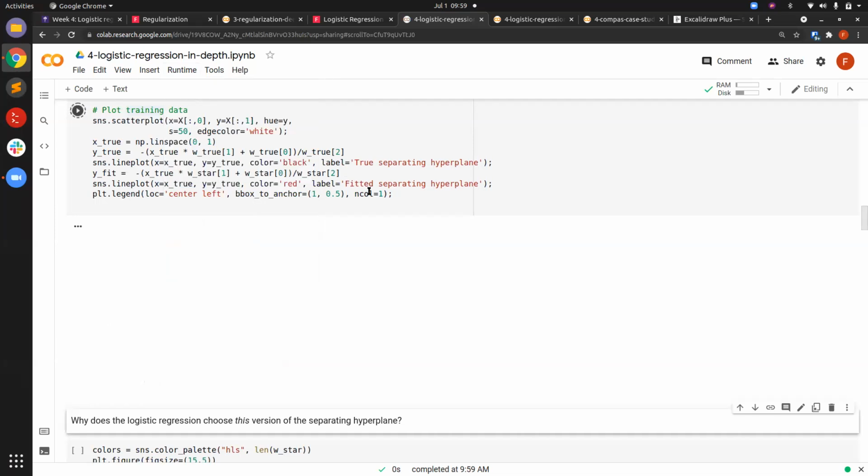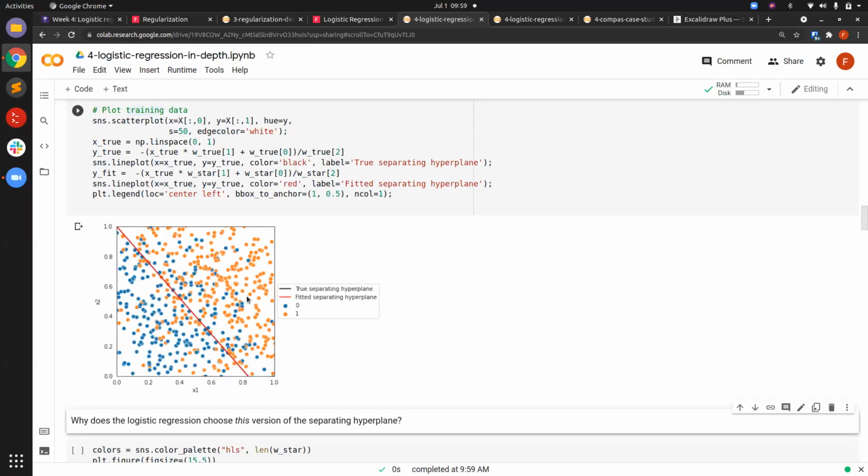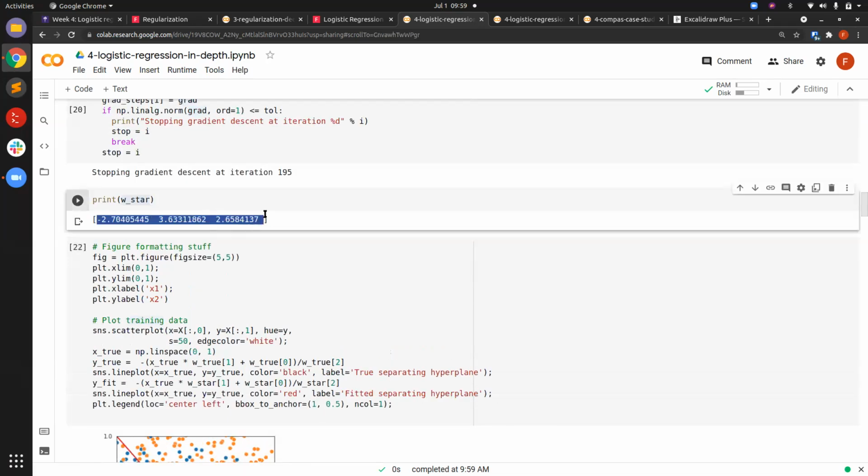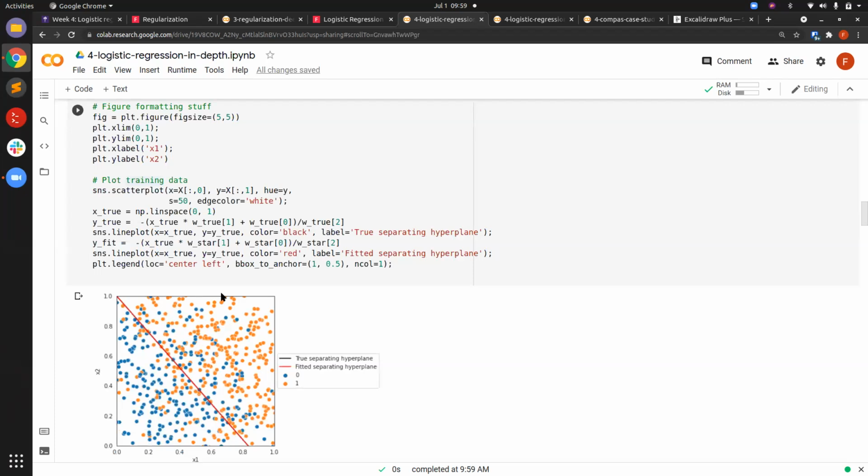So let's see what that does. Okay, so here's the noisier data. And notice that now our coefficient values are smaller because our estimates of whether a particular point is positive or negative is now less confident.